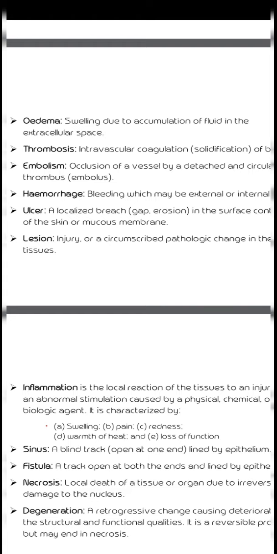For example, there is a patient who has a leg fracture or an injury on the leg. The veins there, in the veins, the blood forms a clot there. Okay, that would be an example of thrombosis. If that clot detaches itself and through the veins travels to the lungs or to the heart and forms a block there, that would be an example of embolism or an embolus.